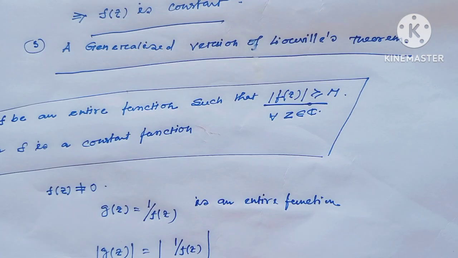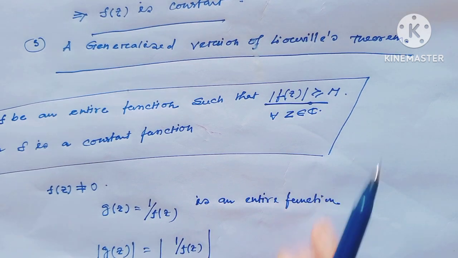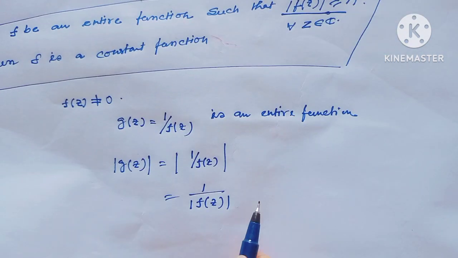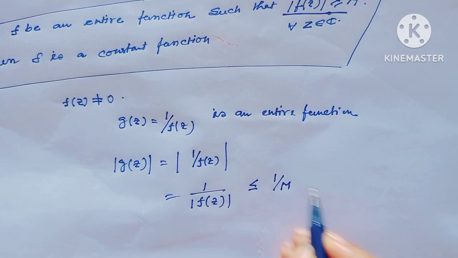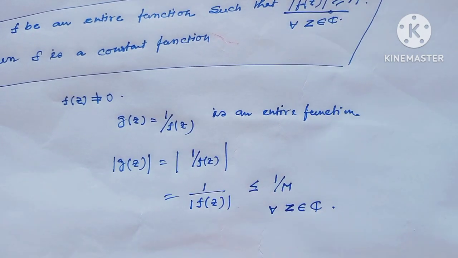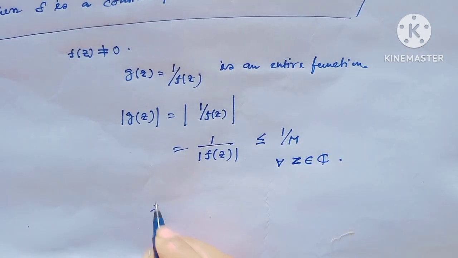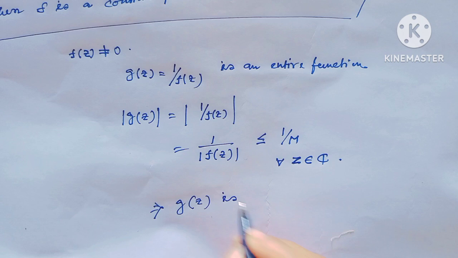And since given modulus of f(z) is greater than or equal to m, that means 1 over modulus of f(z) is less than or equal to 1 over m, and this is true for all z belonging to the complex numbers. That implies g(z) is bounded.